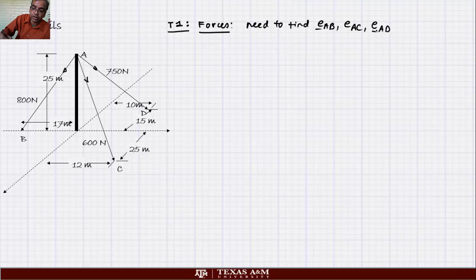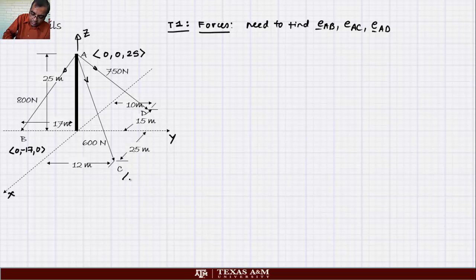Okay, so in order to do that, I'm going to write down the position vector of each of them. What's the position vector of A? Well, X component is 0, Y component is 0, Z component, the height, is 25 meters, or 25. What about B? For B, X component is 0 because this is the X direction, Y direction, Z direction. There is no X component. Y direction is minus 17, in the negative Y direction, Z is 0.